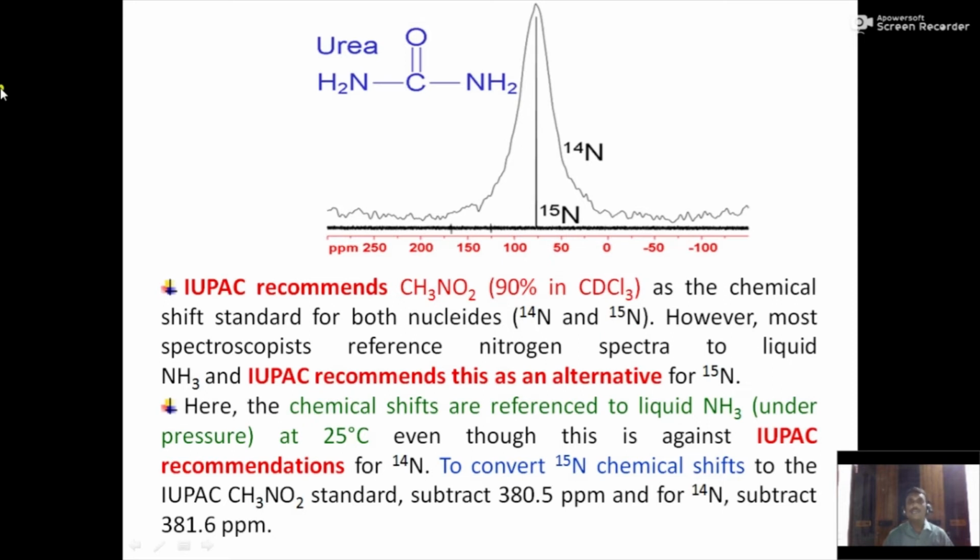If you have a glance at the spectrum, you can see that the spectrum of nitrogen 14 is broad. It results in a broad peak because nitrogen 14 has I equal to 1, and when I is equal to 1, it is called a quadrupolar nucleus, and quadrupolar nuclei result in broad peaks, while you can see that the peak due to nitrogen 15 is very sharp.